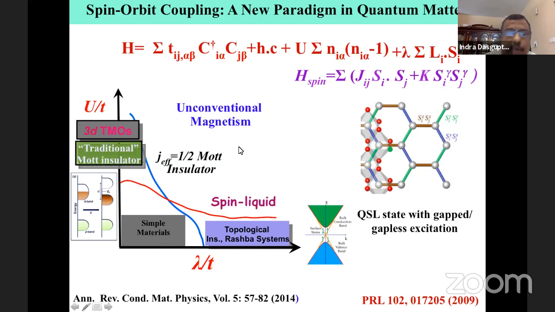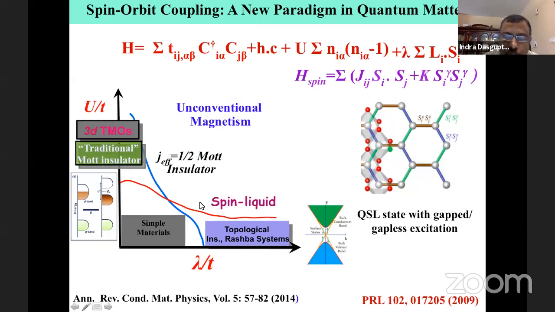Another interesting regime about which I'll not talk here is the regime where U by t and lambda by t are comparable, right? If you do a strong coupling expansion, you essentially get, in addition to the Heisenberg exchange, a Kitaev exchange, which are bond-dependent exchange interactions. And that gives rise to very interesting magnetic properties like quantum spin liquid states with gapped and gapless excitations.